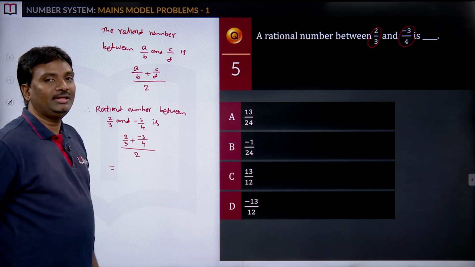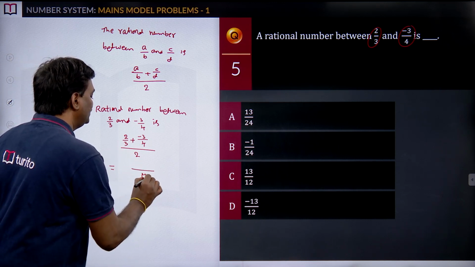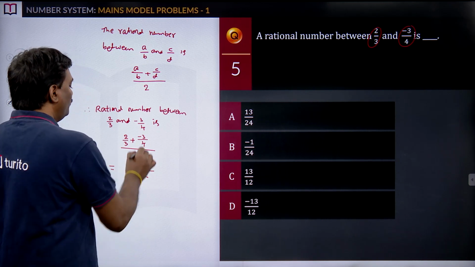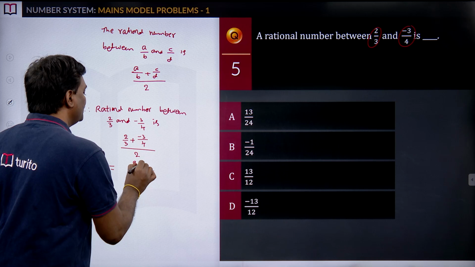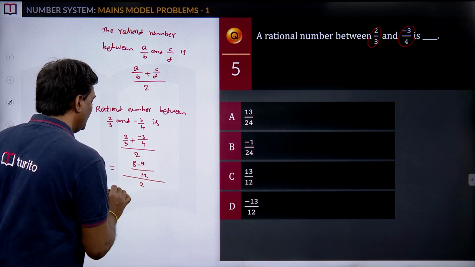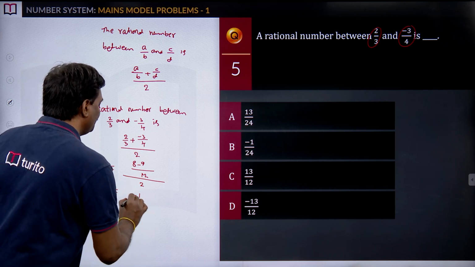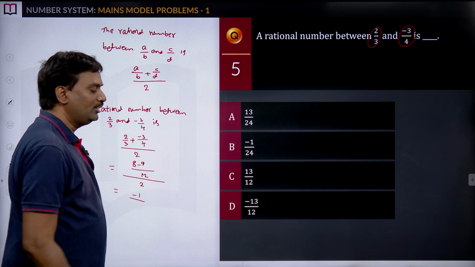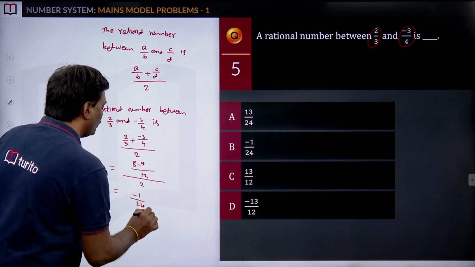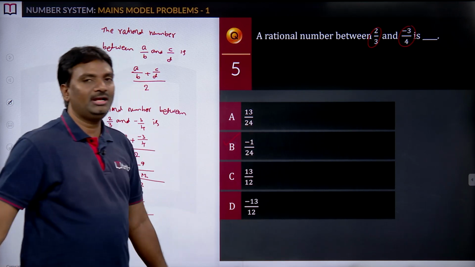For 4 and 3 the LCM is 12. 3 fours are 12, so 4 times 2 is 8, and 3 times minus 3 is minus 9, by 2. In the numerator 8 minus 9 is minus 1. Taking 12 in the denominator, 2 is already there, so 12 into 2 is 24. So minus 1 by 24, that is option B.